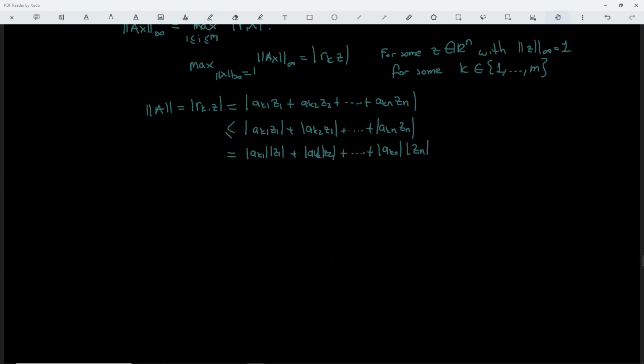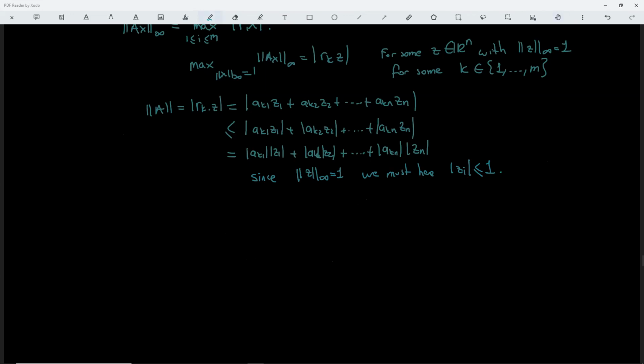Notice that we said that the infinity norm of z is equal to 1. So since the infinity norm of z is equal to 1, the absolute value of these elements of z must be less than or equal to 1.